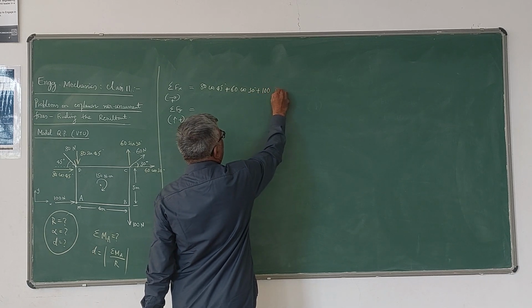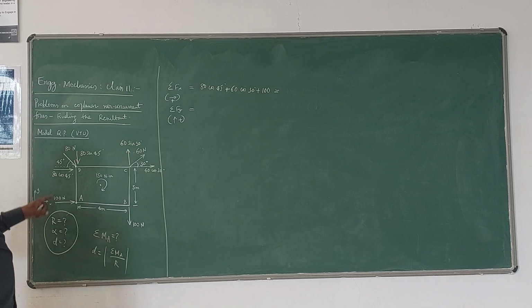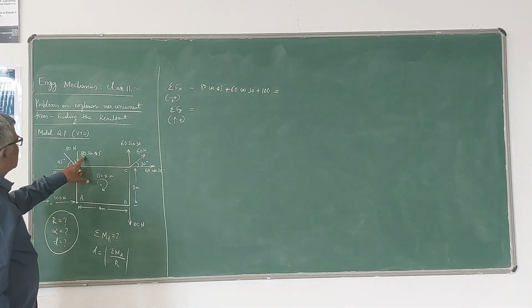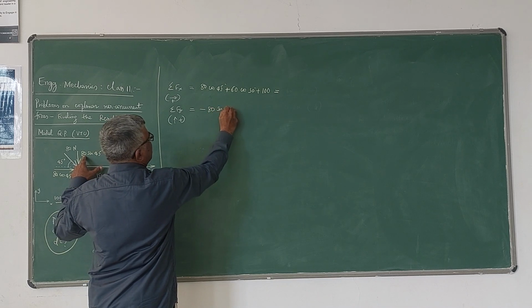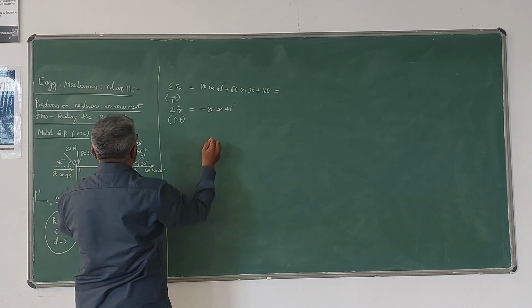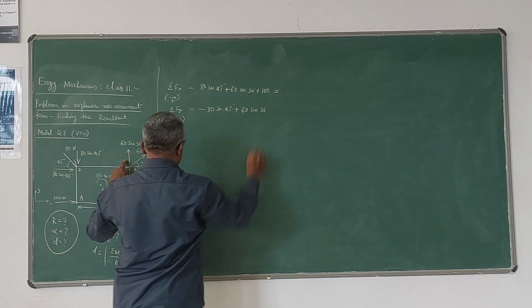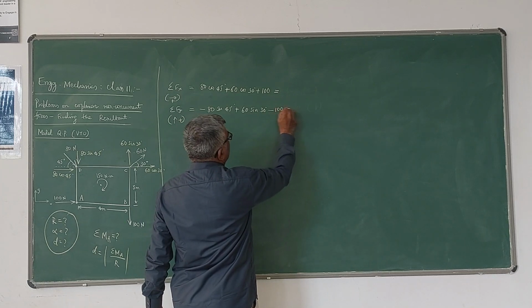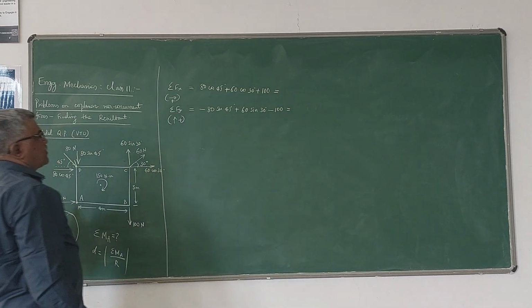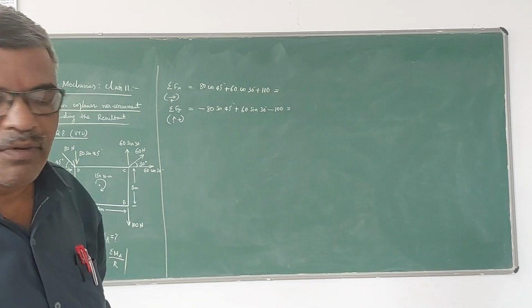Sigma Fy, vertical components downward negative, upward positive: minus 80 sin 45, plus 60 sin 30, and minus 100. The 100 Newton force at A does not have a vertical component. So these two are the values of sigma Fx and sigma Fy.